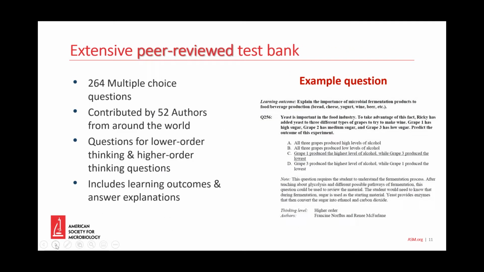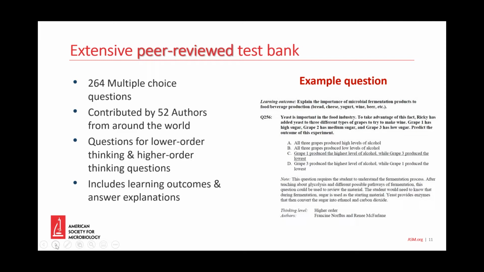Another tidbit that you get with the instructor's manual is an extensive peer-reviewed test bank, and I'm going to stress the word peer-reviewed here. This is a collection of 264 multiple choice questions contributed by 52 authors from around the world. These questions are both lower order thinking and higher order thinking questions.